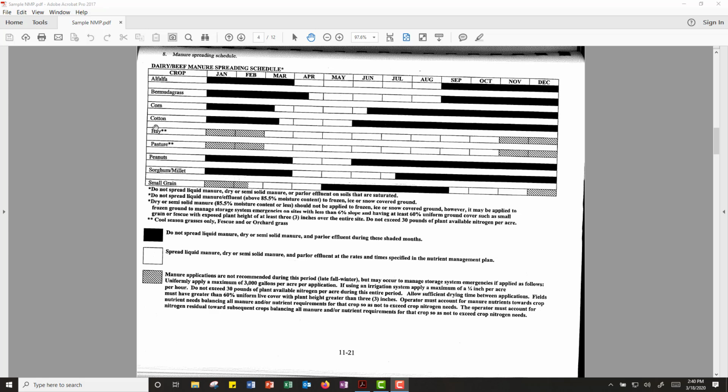If you slide down a little bit, you'll see that manure application on hayland and pasture land and small grains is allowed, possibly not recommended, but allowed in an emergency. Why is that? Well, the main reason is that pasture and hayland are likely to have an intact sod even through the winter.